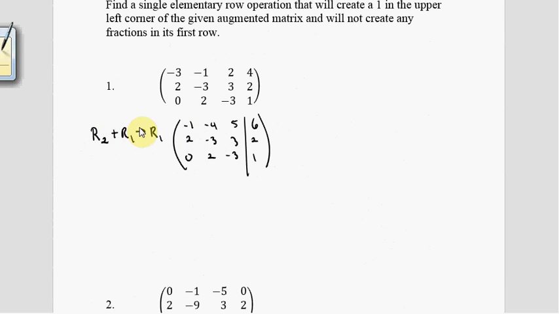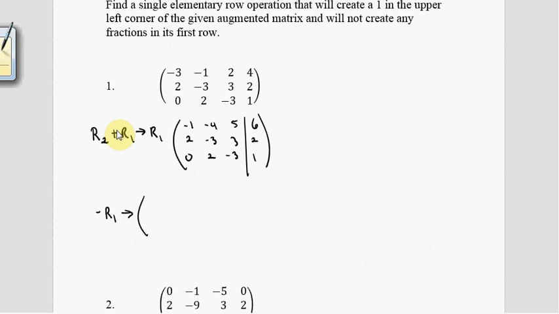Then the second elementary row operation that I would do to get a 1 here is to multiply row 1 by a -1. I can multiply a row by a non-zero constant. So we just say negative times row 1. And I could have done negative times row 2 plus negative row 1, but that's just too much for my simple head.